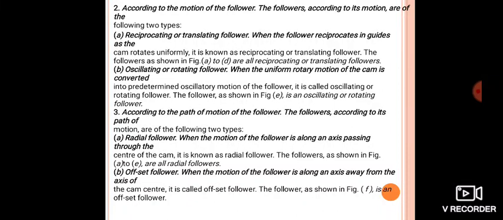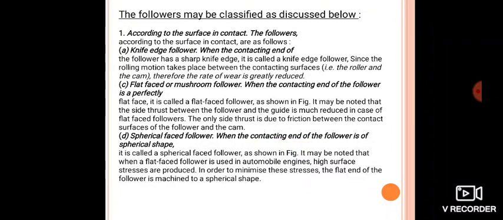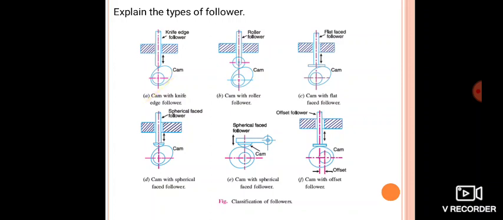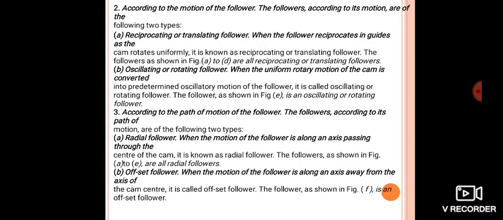The first one is the reciprocating or translating follower. Reciprocating means the follower reciprocates in guides while the CAM rotates uniformly, and it is known as a reciprocating or translating follower. It is shown in figures A and D. Then second, the oscillating or rotating follower.